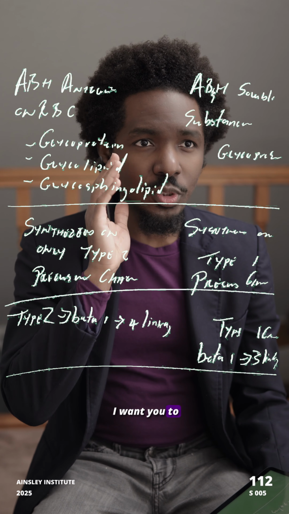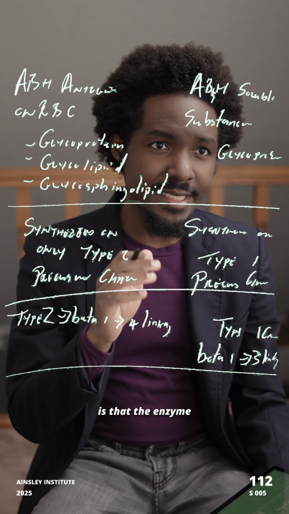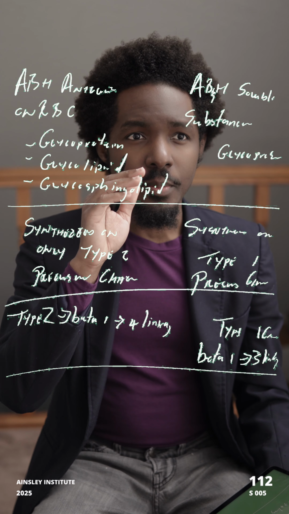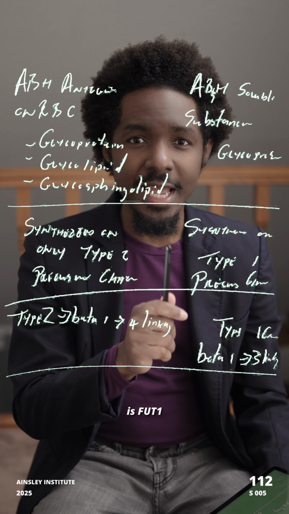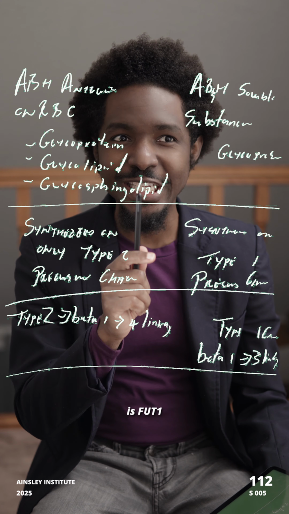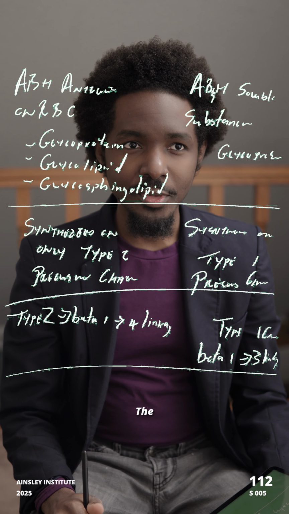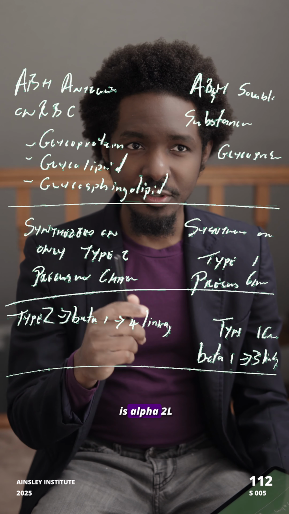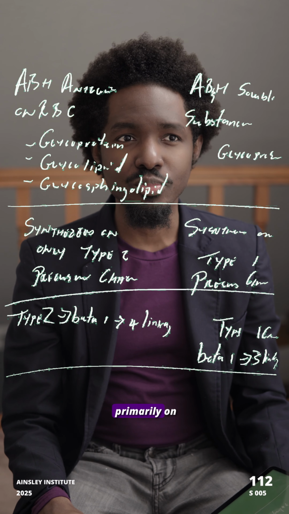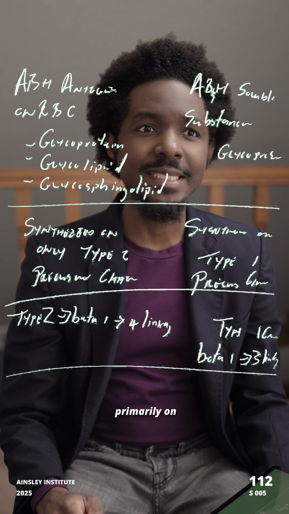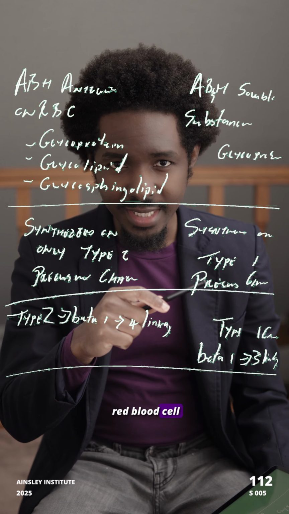What I want you to bear in mind is that the enzyme produced by the H is FUT1. The gene is alpha-2-L-fucosyltransferase, which acts primarily on type 2 chains, which are prevalent on the red blood cell membrane.